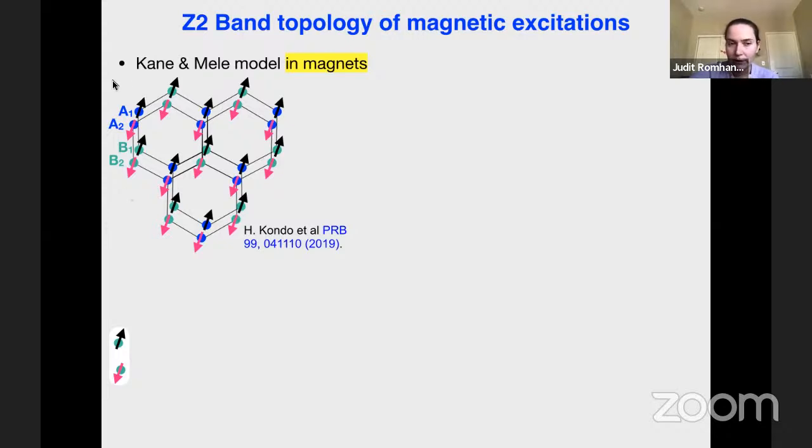But is it a bilayer with zero separation between the layers, or do you have a finite separation? There's a finite separation. Okay, but then I guess it's not time reversal, because if you reverse time... That's exactly right. So it's not time reversal. That's a very good point. It's time reversal combined with the symmetry of the lattice.